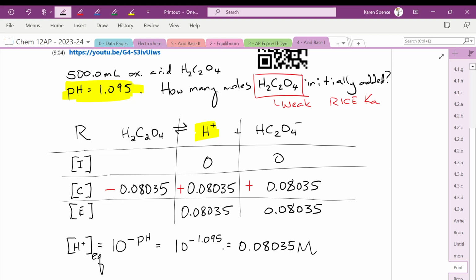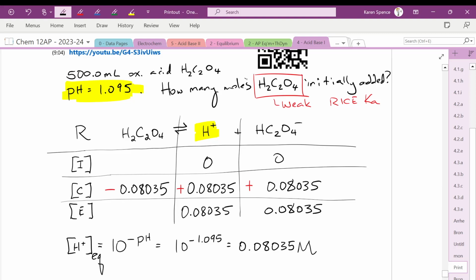Now, over on that side there, do we know either the initial concentration of H2C2O4 or the equilibrium concentration? We don't know either of them. Does it say anywhere? It doesn't say. There's one concentration given to us in the question, and that is our pH.